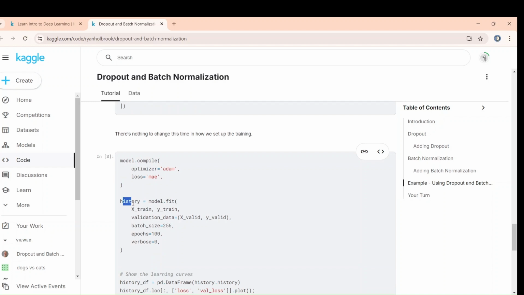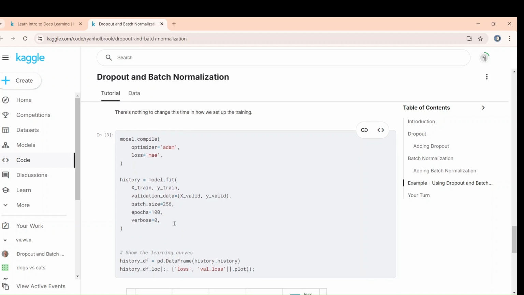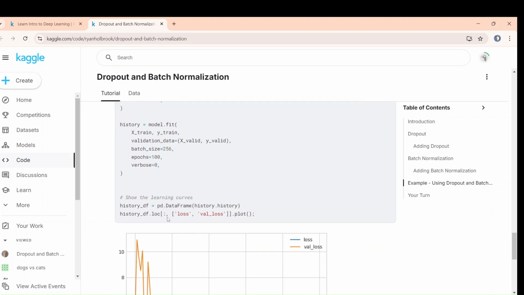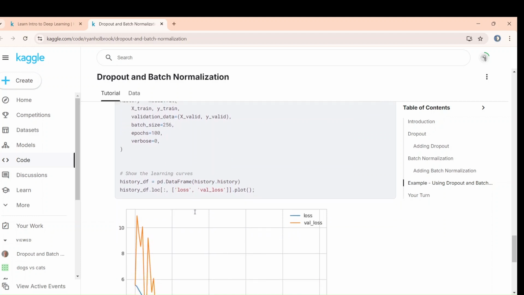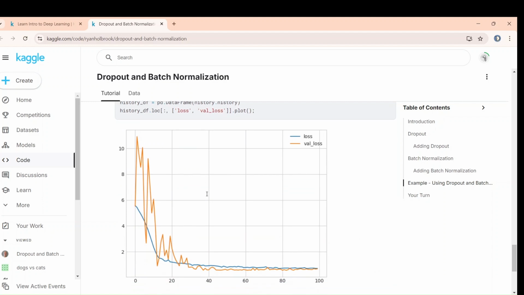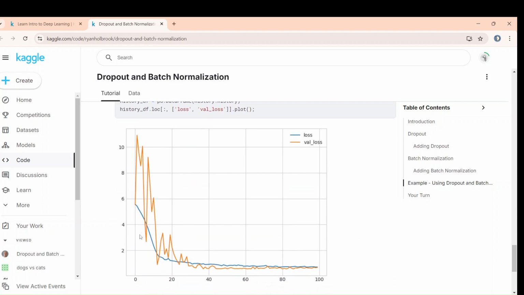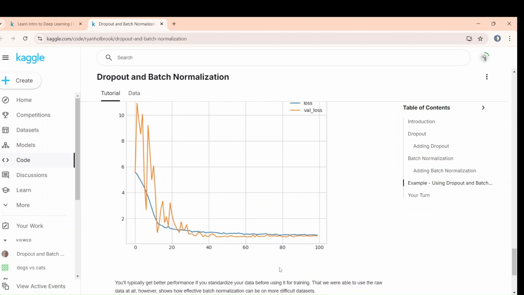In the history, you keep model.fit, passing X_train, y_train, validation data, with a batch size of 256, so randomly 256 data points will be taken, epochs 100, verbose 0. You convert it into a data frame and plot the loss. See, this is the loss and this is the validation loss.